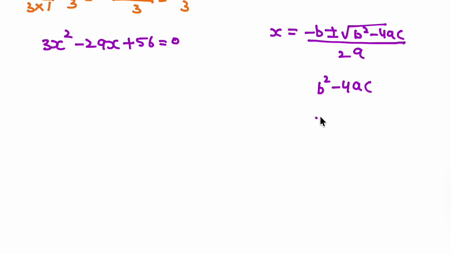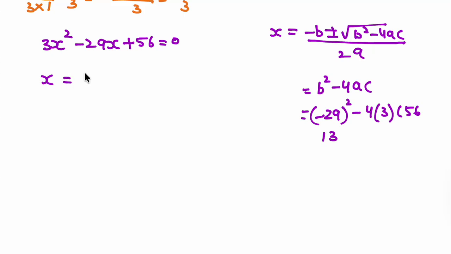So b squared minus 4ac is negative 29 whole squared minus 4 times 3 times 56. Okay, calculator is allowed. So that is equal to 169, and its square root is 13. Now I'll write the formula here: negative b plus or minus the square root of b squared minus 4ac, over 2a.